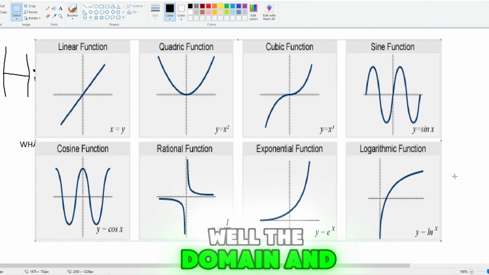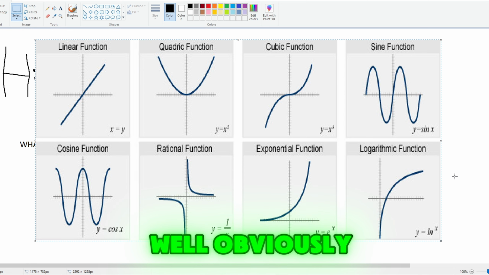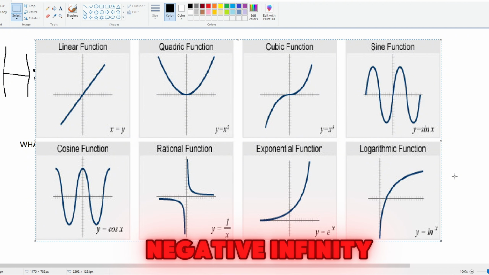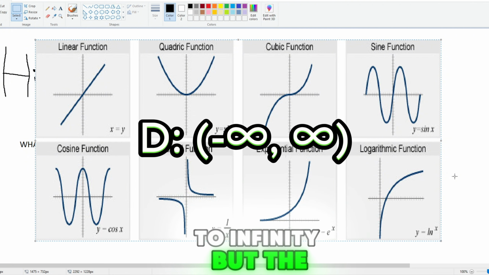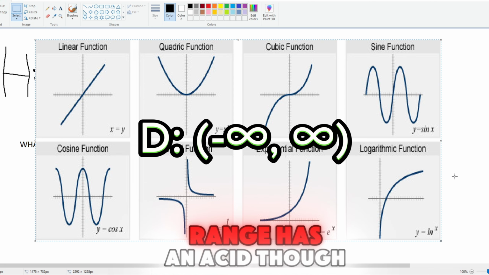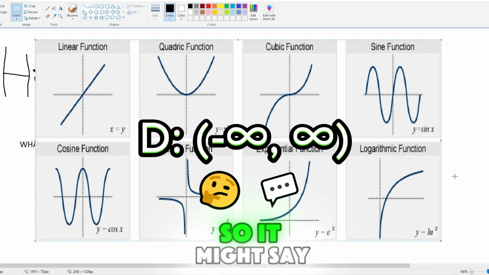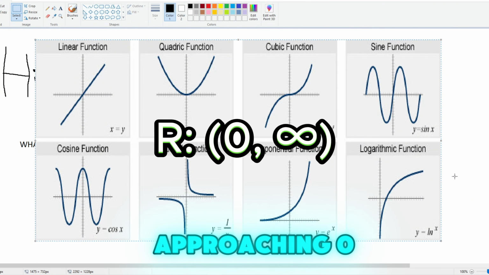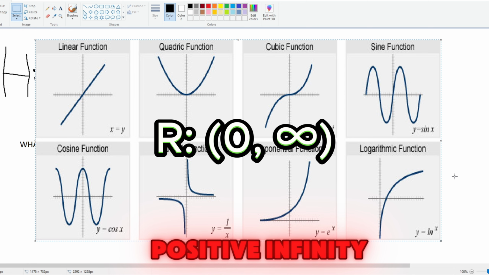Well, the domain and the range. We can see here that the domain of the exponential function is negative infinity to infinity, but the range has an asymptote. It might say 0, but it's actually only approaching 0, and then it goes to positive infinity.